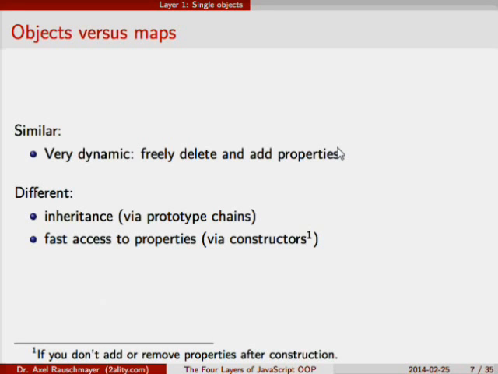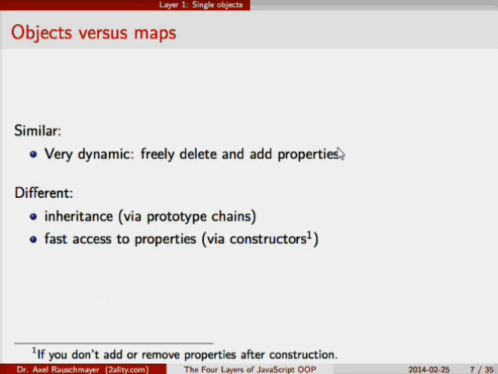You may think that objects are only maps because the syntax you use to create objects in JavaScript is very similar to how other programming languages create actual maps, but they are more. They are similar to maps in that they are very dynamic, more dynamic than in most object-oriented programming languages, because you can freely delete and add properties.